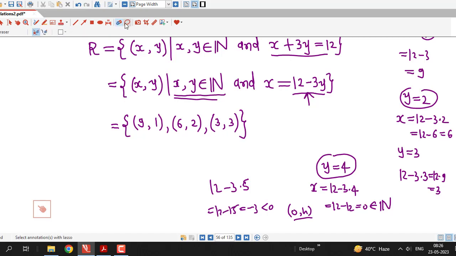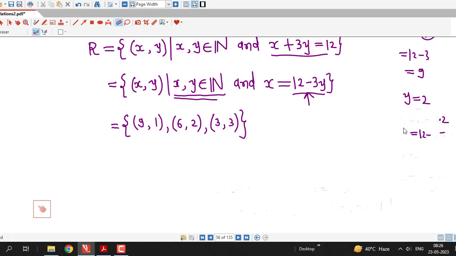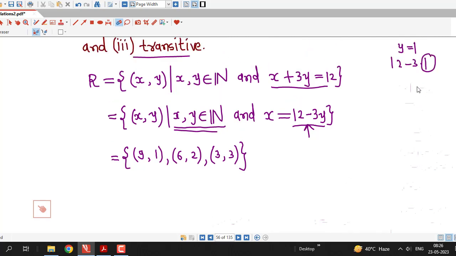So you can see we have only 3 ordered pairs which satisfy this equation. There are only 3 ordered pairs of natural numbers in the given relation. So this relation is a finite set. It is given in terms of this condition x plus 3y equal to 12, but the number of solutions of this equation is finite.